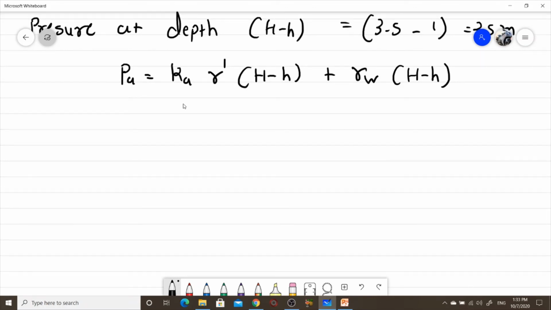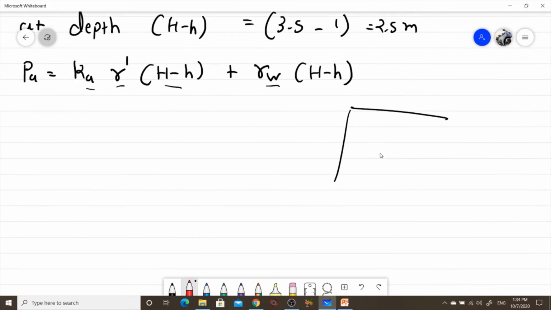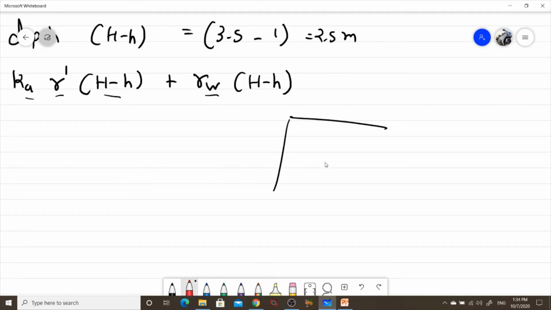Okay, so in this example we have capital H minus small h, gamma W, gamma dash and Ka missing. So let's find out Ka and gamma dash.